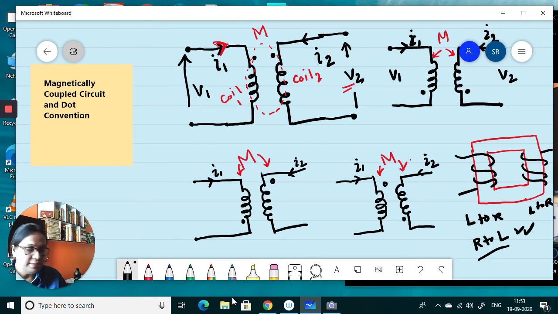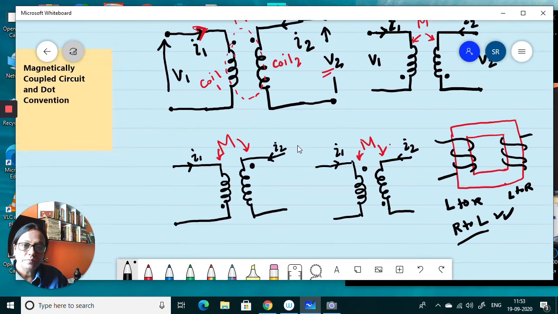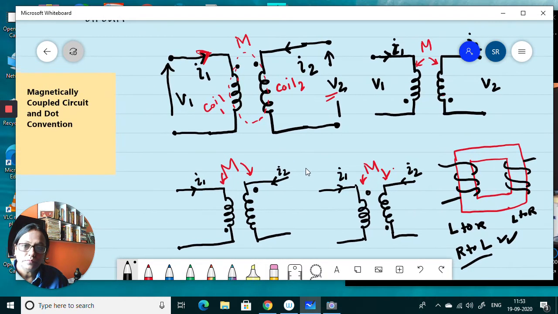So what is it? If two currents are entering the dots at the same time, then the voltage generated due to the mutual inductance will be positive.